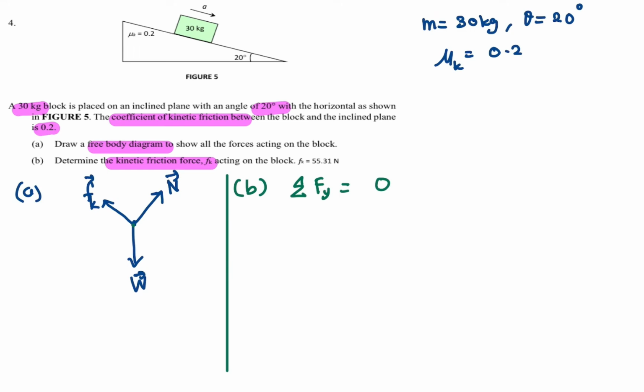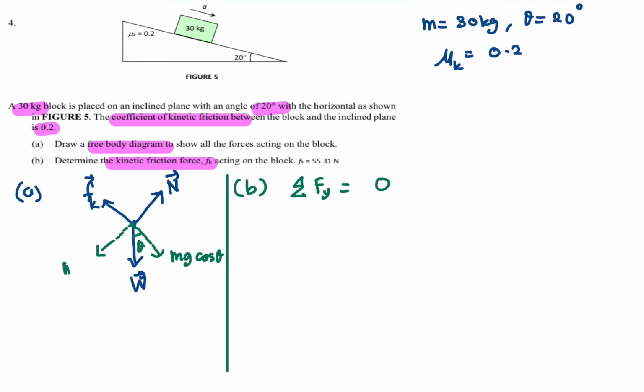So here you have a normal force and also a weight, where if we resolve here, this will be mg sine theta, and this will be mg cos theta, because of your angle here.